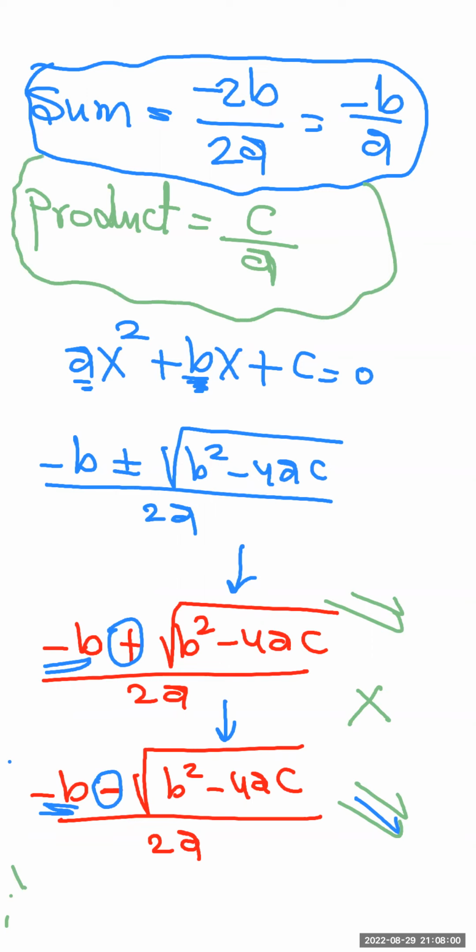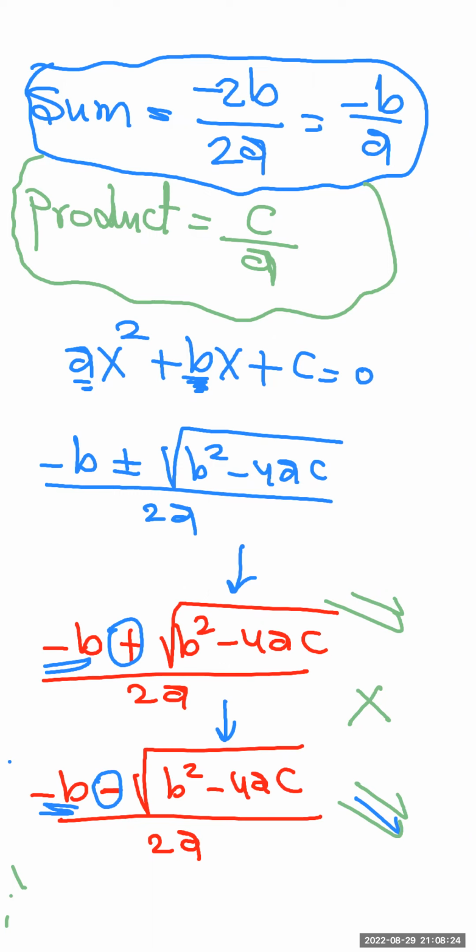So now, this means if there is a quadratic equation and we got the two roots, simply the sum of the two roots equals negative b over a, and the product of the two roots equals c over a.